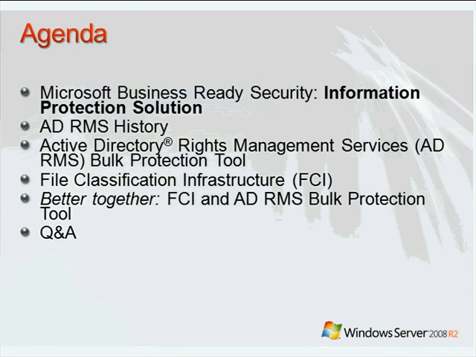So in this session, we are going to see a few key demos. The first demo will be for the ADRMS bulk protection tool, how we can use this tool for protecting multiple documents in a single folder. Then we are going to see how we can configure the file classification infrastructure role, which is part of the file services role, and how we can configure it efficiently with the properties or with the rules, and then we can configure the different tasks that can be applied on the file shares in our organization.